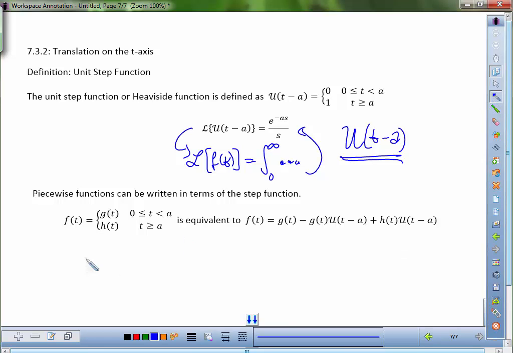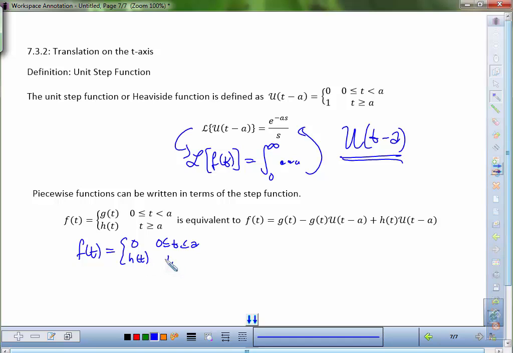So in fact, maybe I should write this down. If f of t is equal to 0 at some point, and then becomes another function after that point, then we can represent this with g being 0.